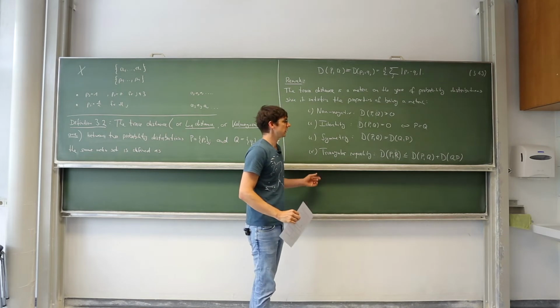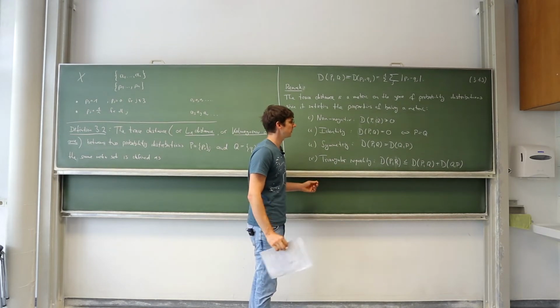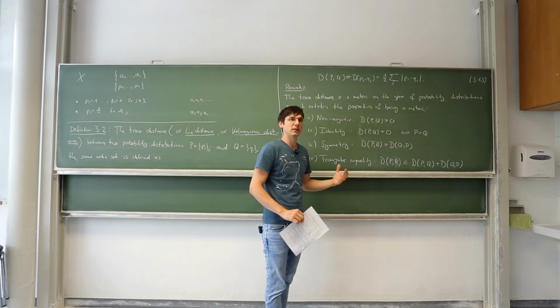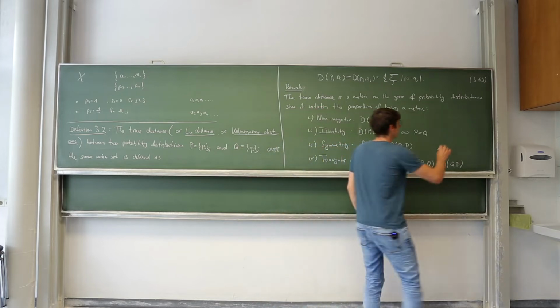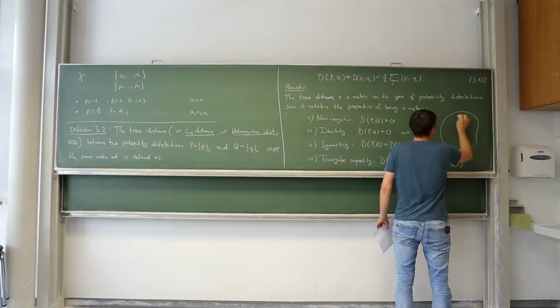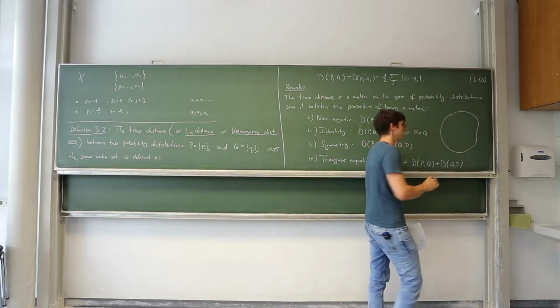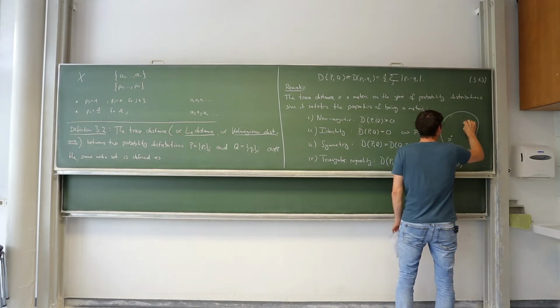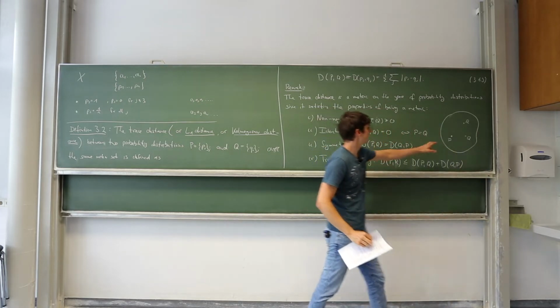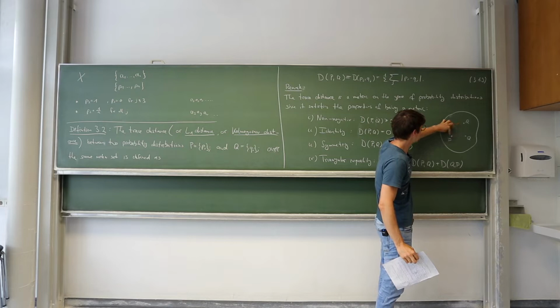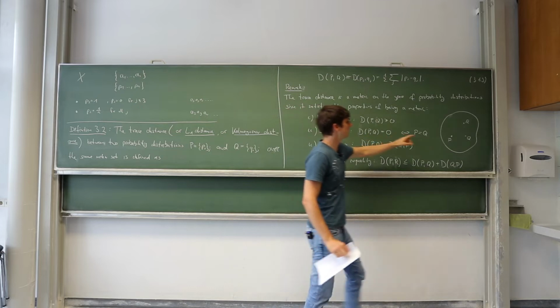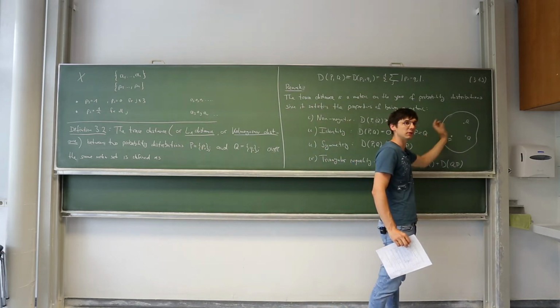Okay, so being a metric means that you can indeed use this in the space of probability distributions as a distance measure, right? So imagine, for example, you have here the space of all probability distributions, and here you have some probability distribution P. Here you have R, and here Q. Then P and Q are equivalent if and only if the distance is 0, so if and only if I'm at the very same point in the space.